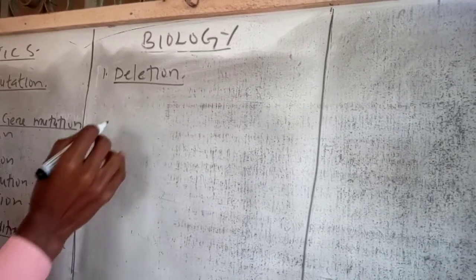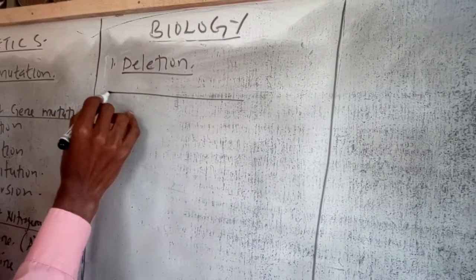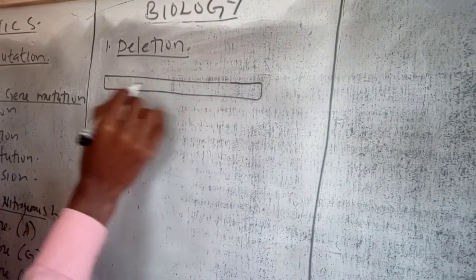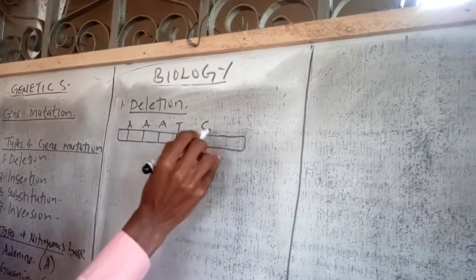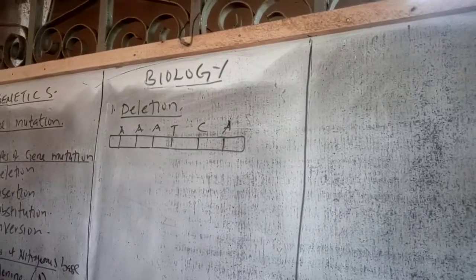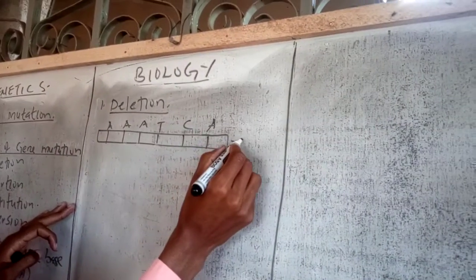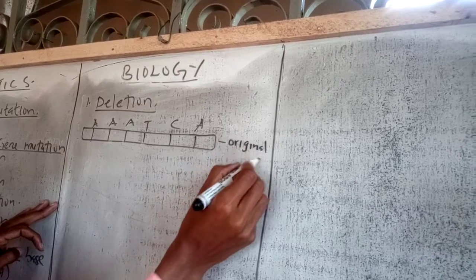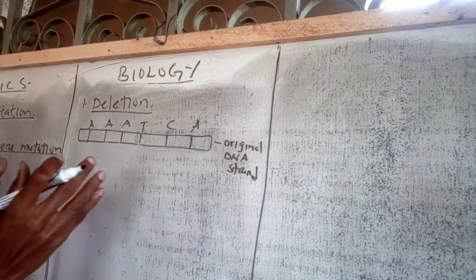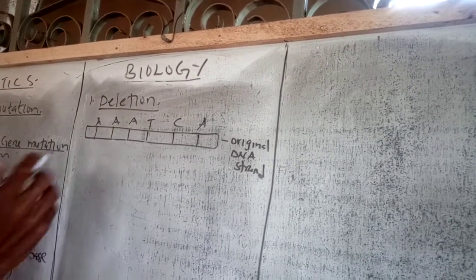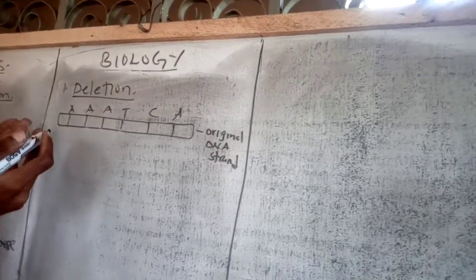In a given original DNA strand, assuming we have the nitrogenous bases adenine, thymine, cytosine, and adenine once again, you can see that here I have the original DNA strand. From this, you will find that one of the bases may be removed.